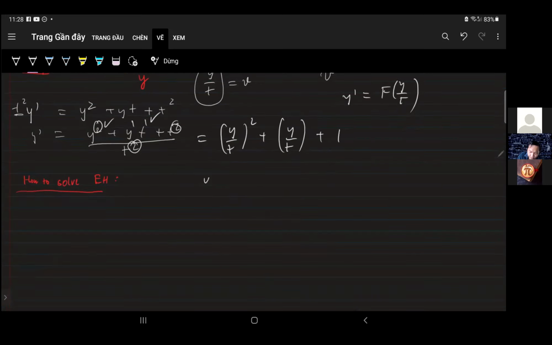For example, I have y prime equal to ty plus y squared and then minus t, right? So whether it's an Euler homogeneous equation, can anyone type the answer or raise your hand or reaction? So if you react, then it's an Euler homogeneous equation. If you don't, it's not. Any folks?